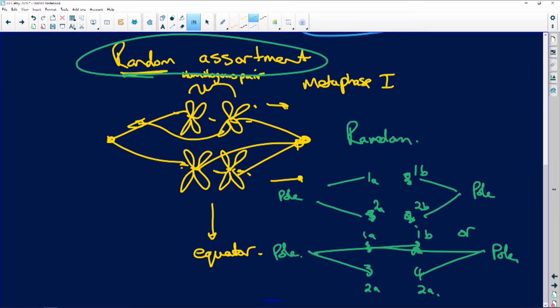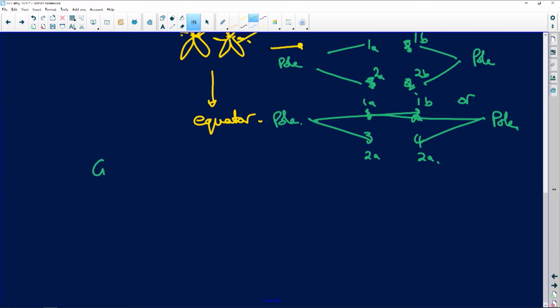So it's all random. Now, if you're talking about how random assortment actually plays a role in genetics, so if we go to genetics, which is paper 2, but let's tie it up.